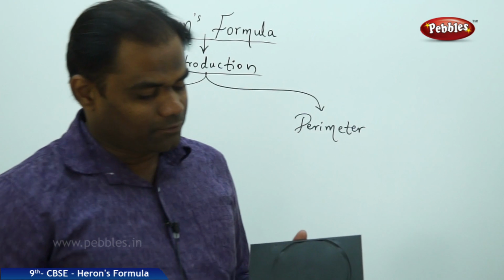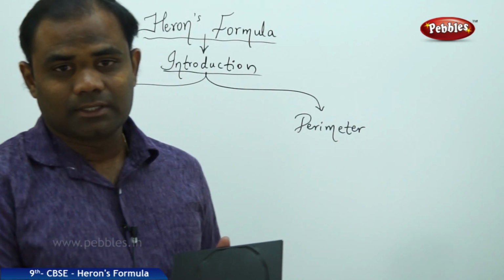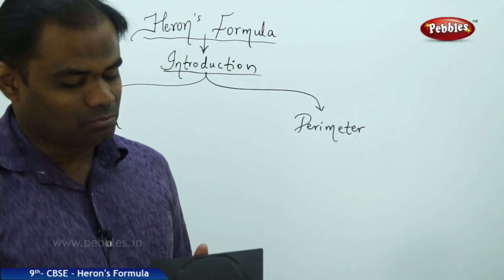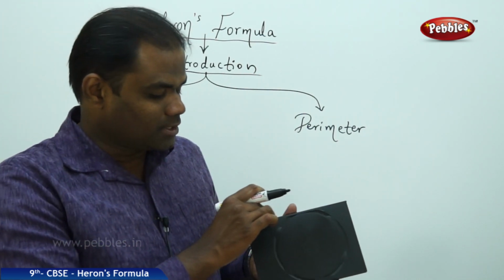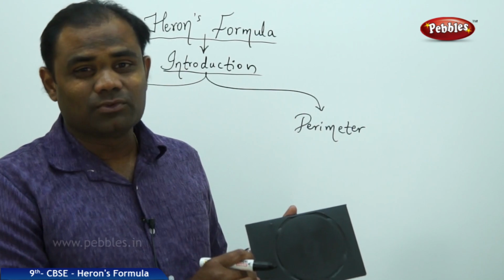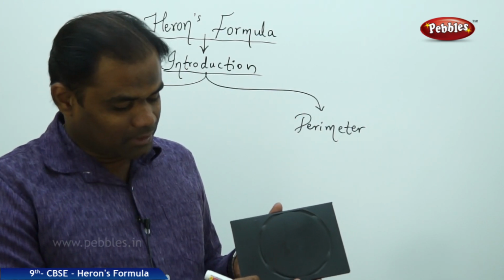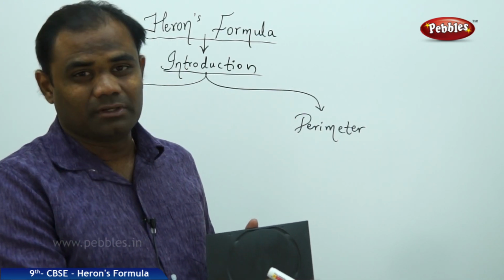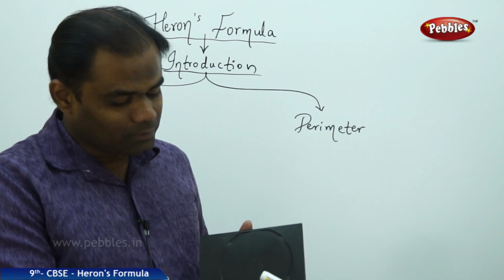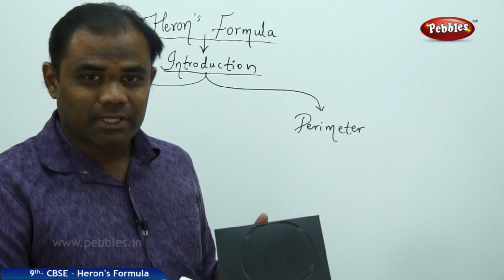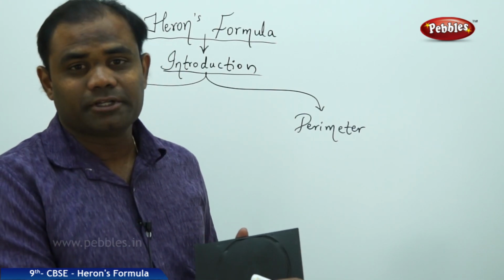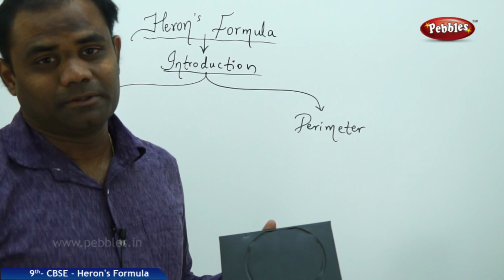Imagine, for example, an ant starts from here and moves along this edge, then along this edge, and this, then along this edge, and the same ant makes a journey from here to here. The journey made by the ant from here along all four sides until it reaches its initial position is nothing but the perimeter.